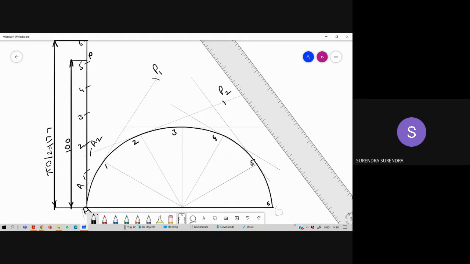So next, measure the distance from A to 3. Having measured A to 3, with 3 as center, draw an arc. A3. Measure the distance A to 4. 4 as center, draw an arc. A4.